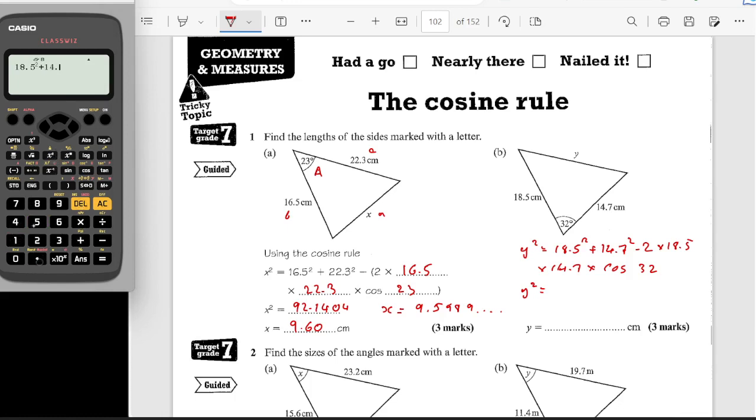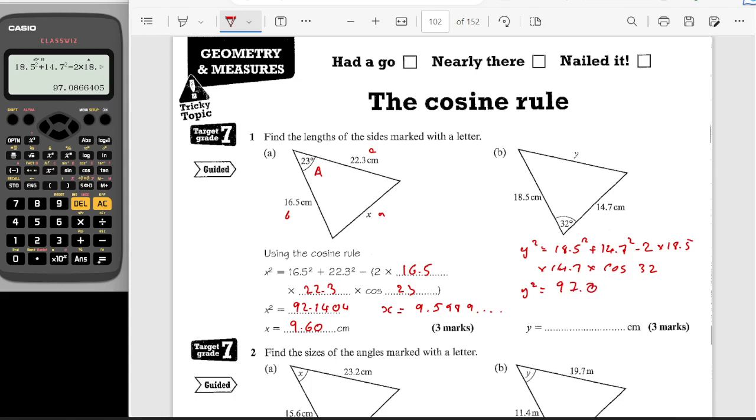I missed my 0.7 there. Minus 2 times by 18.5 times by 14.7 times by cos of 32. So that's going to be my value for x. We're looking at y squared.